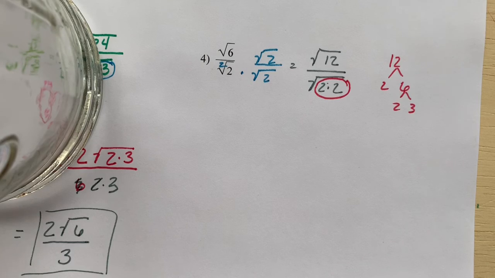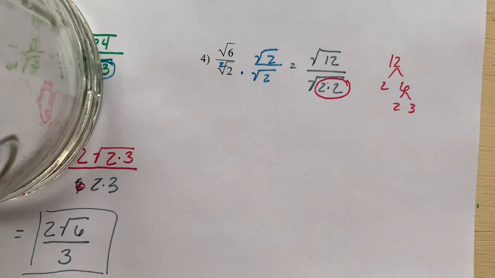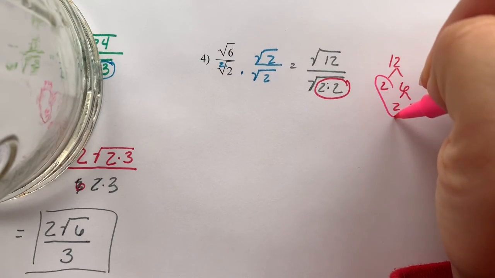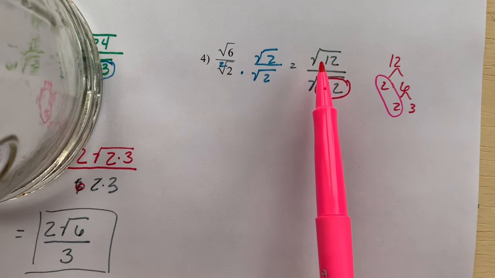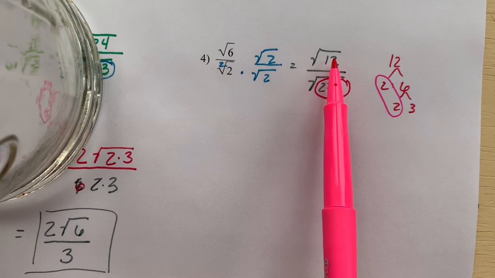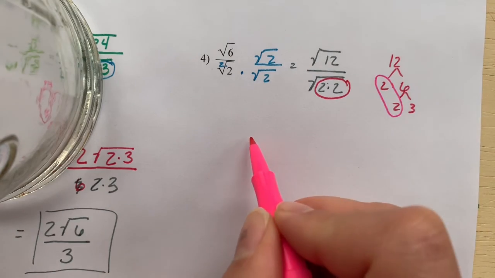I'm going to need groups of 2 because there's no number there, so that means I need a group of 2. So I can circle my group of 2. Now I'm going to rewrite everything. So for my numerator, we simplified my 12, and we have 2.